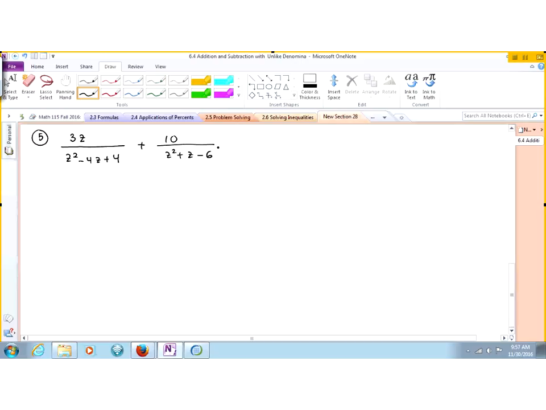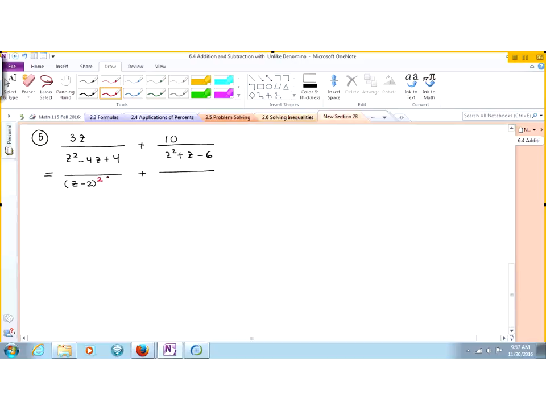x squared plus z minus 6. All right. So let's factor this one. What is this? z minus 2. z minus 2?